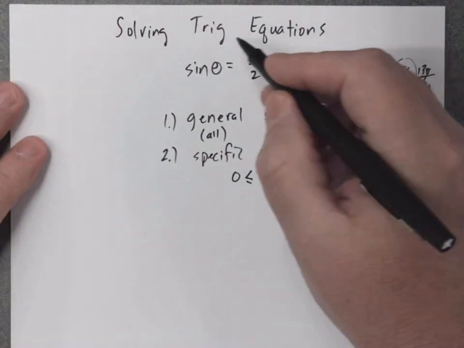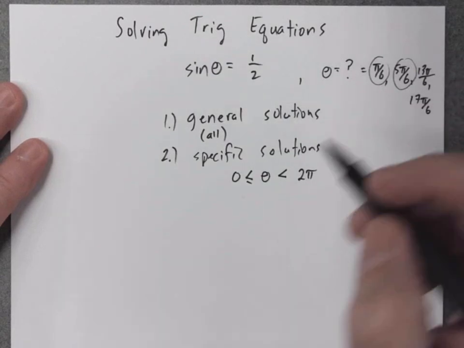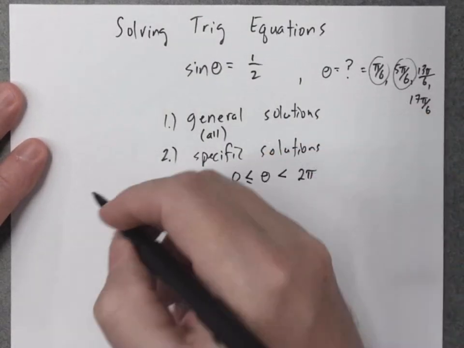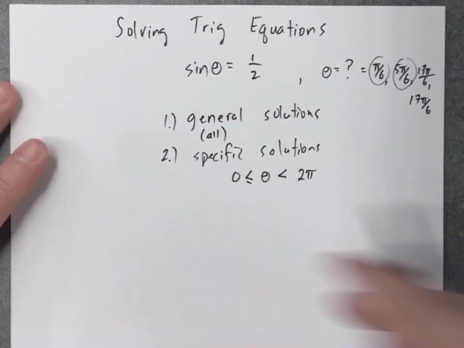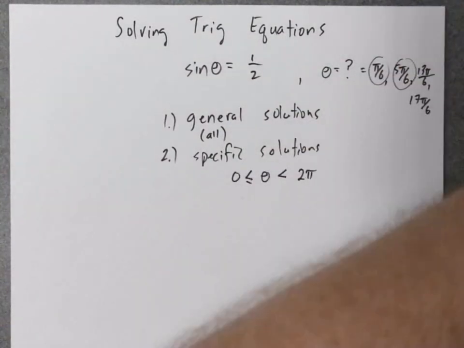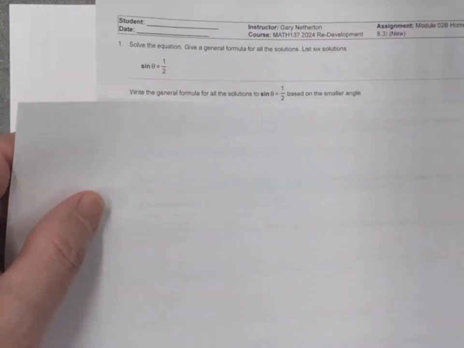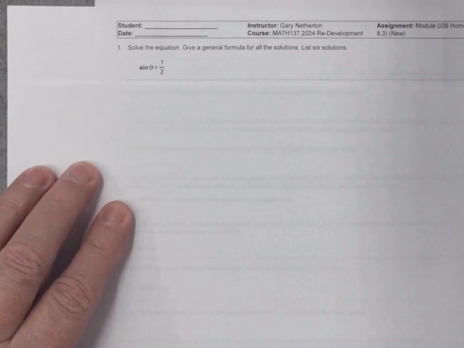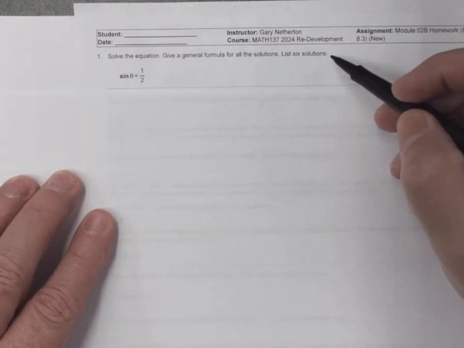So a general solution for this problem, we've already sort of started, right? Here's what you do. I would just show you a homework problem so you can see how they word it. Solve the equation, give a general formula for all the solutions, and then they say list 6 solutions.